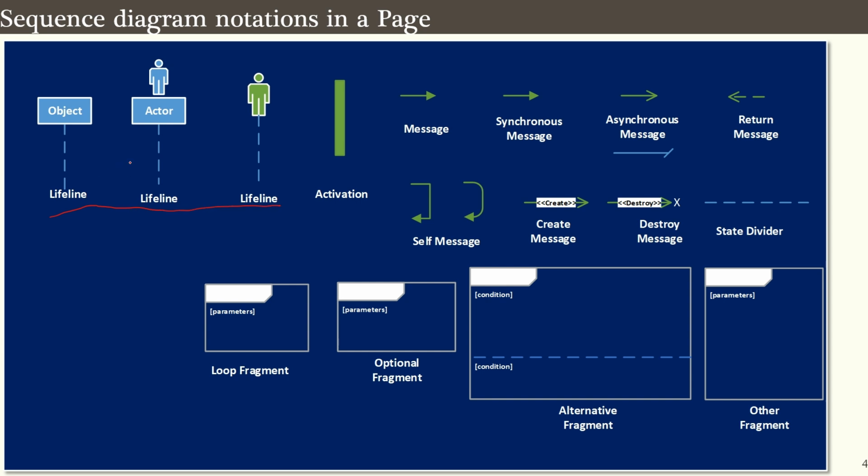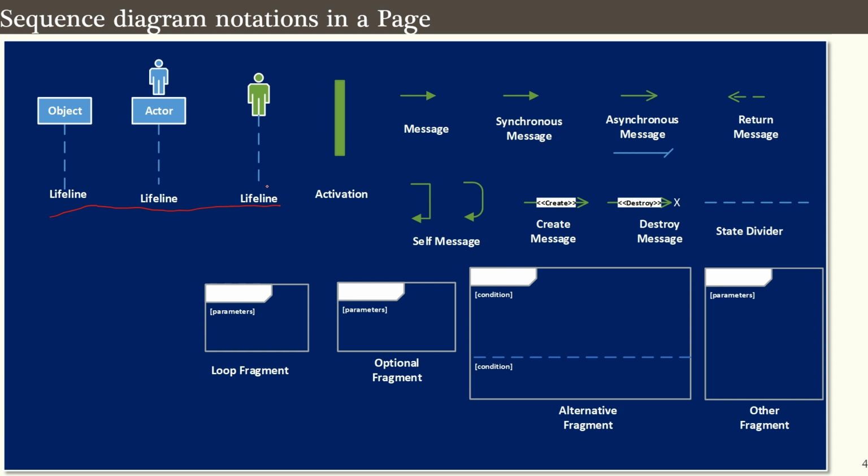You can have a rectangle box where the component or object is specified, and it has a dotted or dashed line. That's nothing but a lifeline. Instead of this object, you can have an actor that has a human symbol similar to your use case diagram that can also be called a lifeline, or simply a user with a dashed line that can also be considered a lifeline.